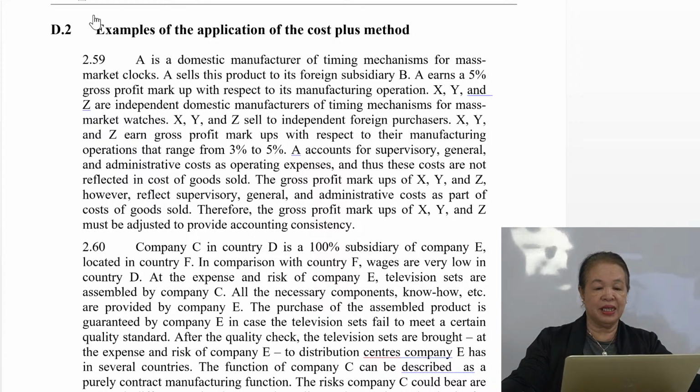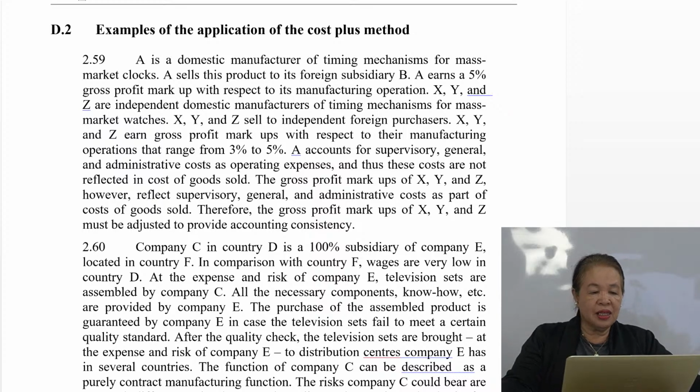Para mas maintindihan. A is a domestic manufacturer of timing mechanism for mass market clocks. No? A sells this product to its foreign subsidiary B. No? Si A, manufacturer, si B is the foreign subsidiary. A earns a 5% gross profit markup with respect to its manufacturing operation.